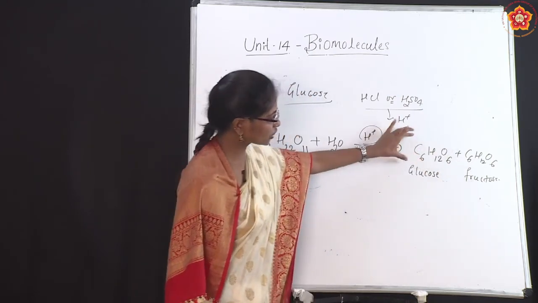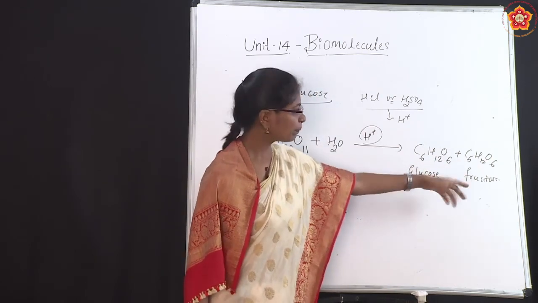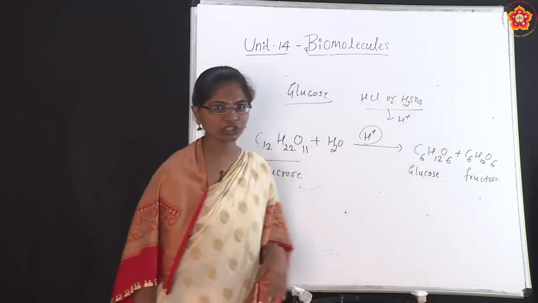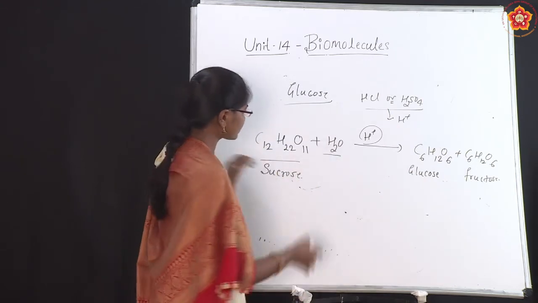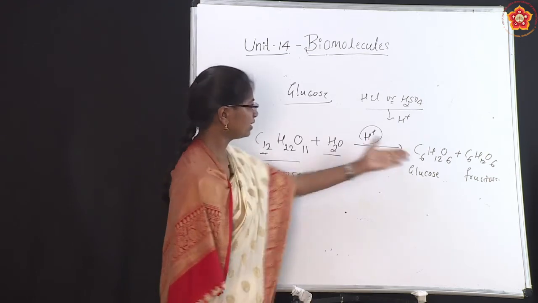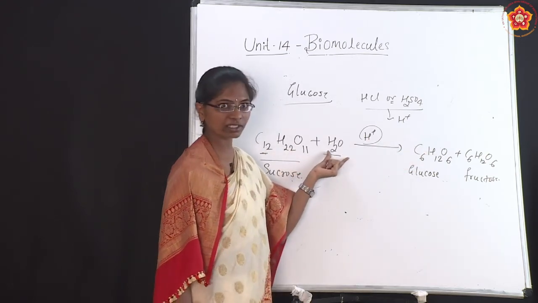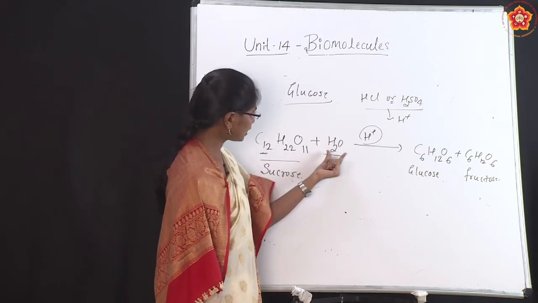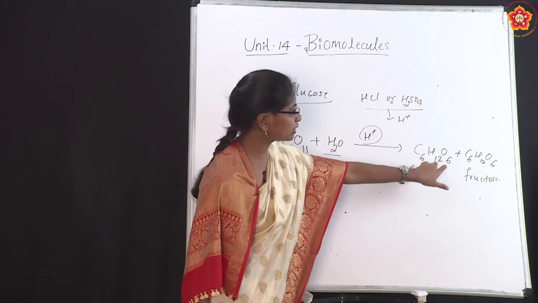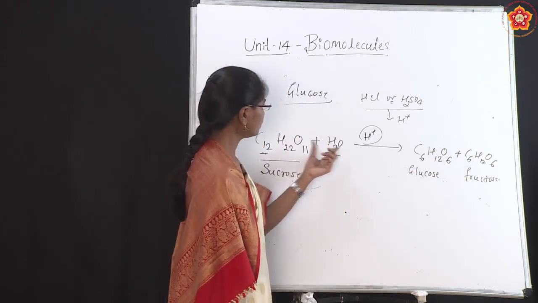You can see the structures here. Both have the same molecular formula, but they have different structures. We will study that later. See here, it is balanced. There are C12, and C6 and C6; H is only 22. Here we are boiling with water, so the H count becomes 24 in total.